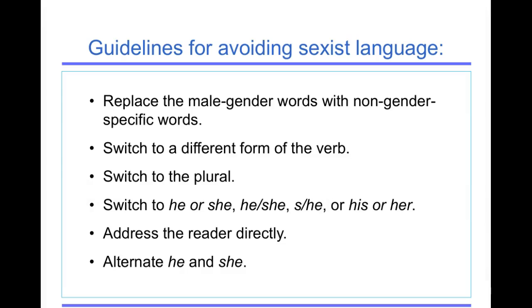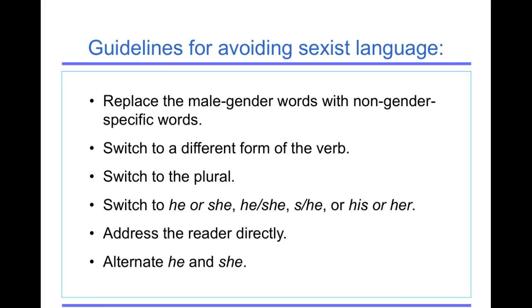Avoid sexist language. And this can be difficult or frustrating. So replace male gender words with non-gender specific words. And you do that with female gender words as well. So rather than saying waitress, you would say server. Switch to a different form of the verb. Switch to the plural.